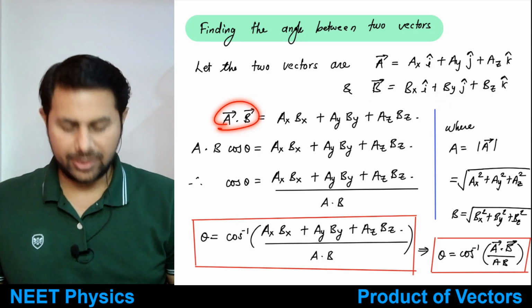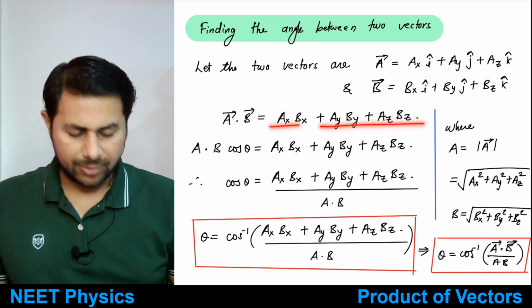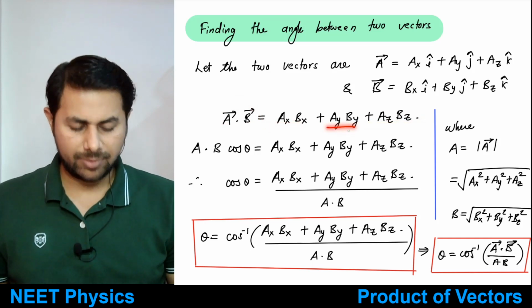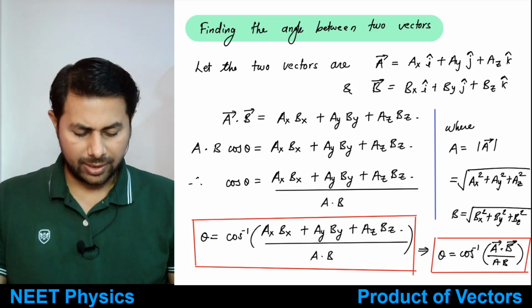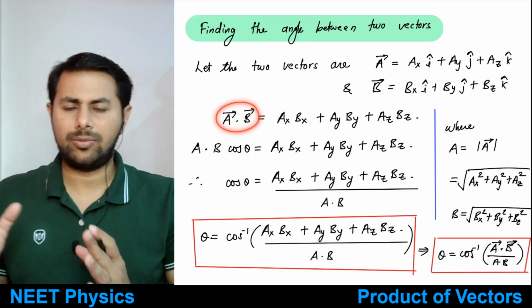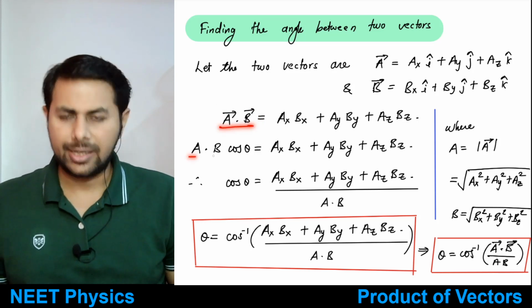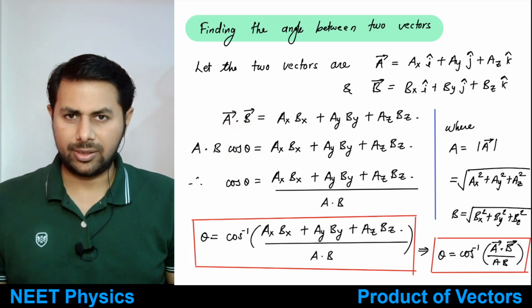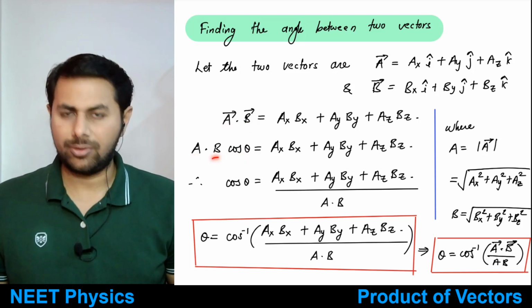If you take the dot product, we know it comes out to be ax bx plus ay by plus az bz, right? And then we have the definition of scalar product, that this is equal to a times b into cos theta, where a is the magnitude of a bar and b is the magnitude of b bar.